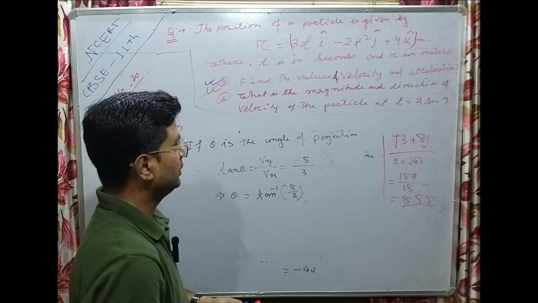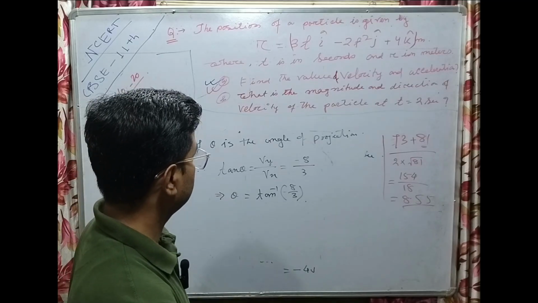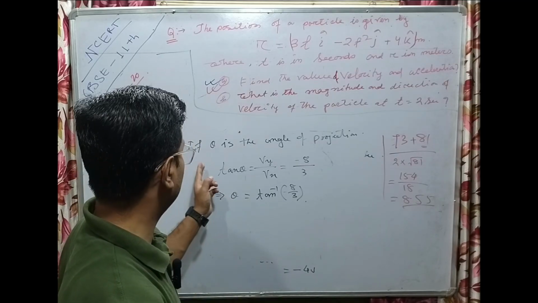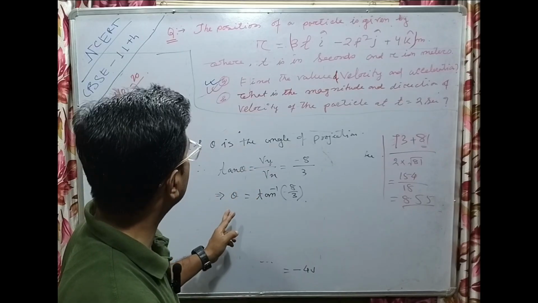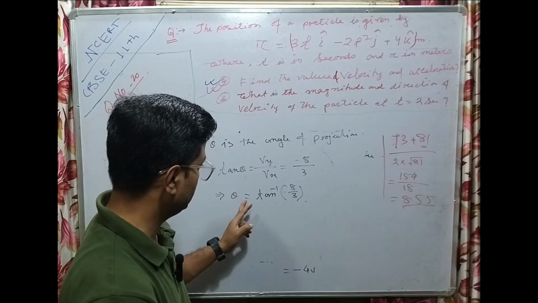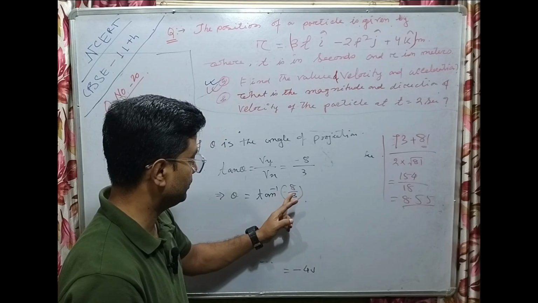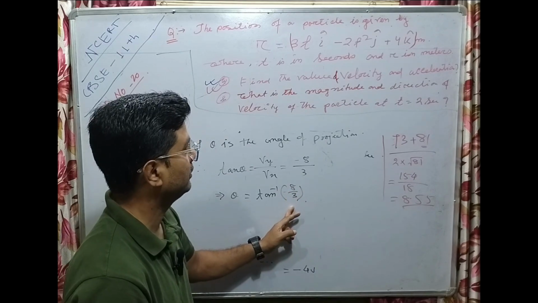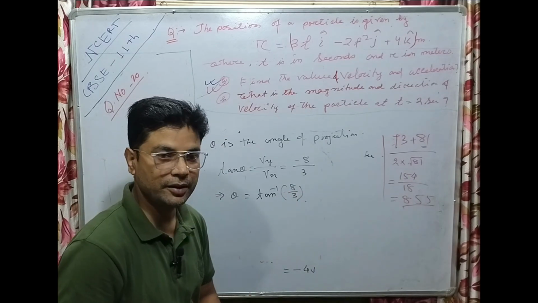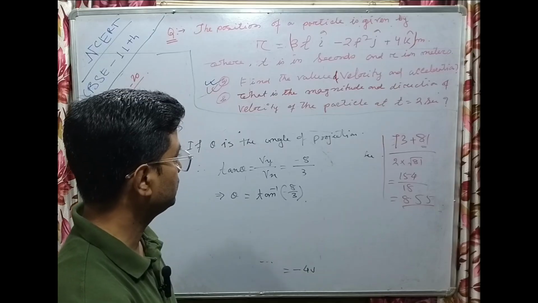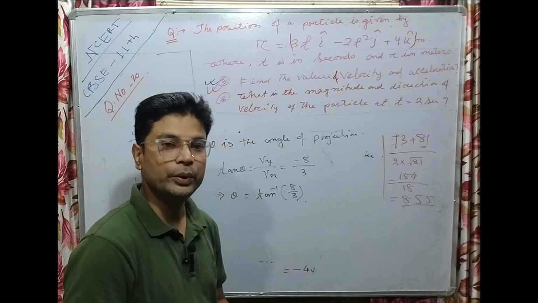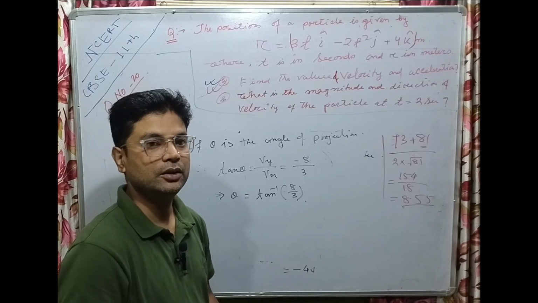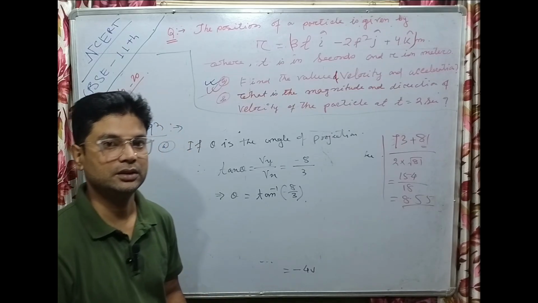It means the angle of the particle is tan inverse of minus 8 by 3. Right? This is the direction of that particle along with the x-axis. Correct?